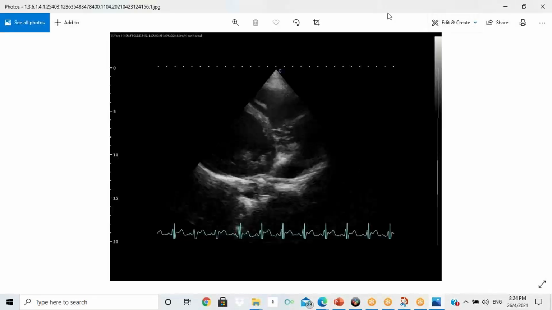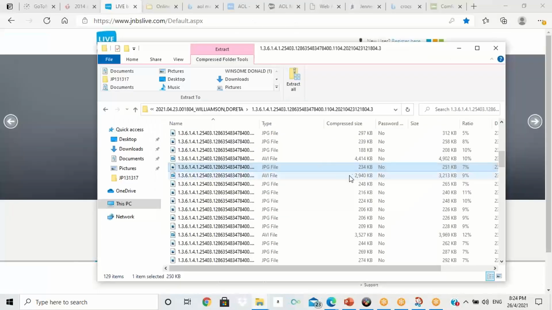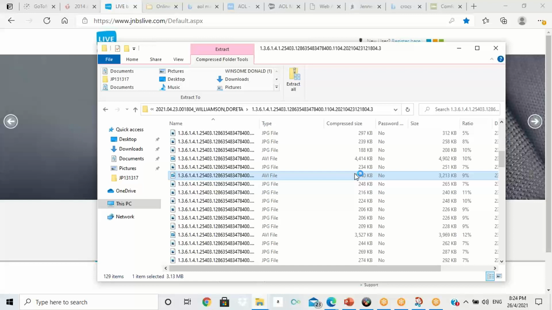All right, so this is your RV inflow view, and you're supposed to know how to get that view. What you do is tilt your transducer towards the patient's left shoulder or left axilla and make certain adjustments.